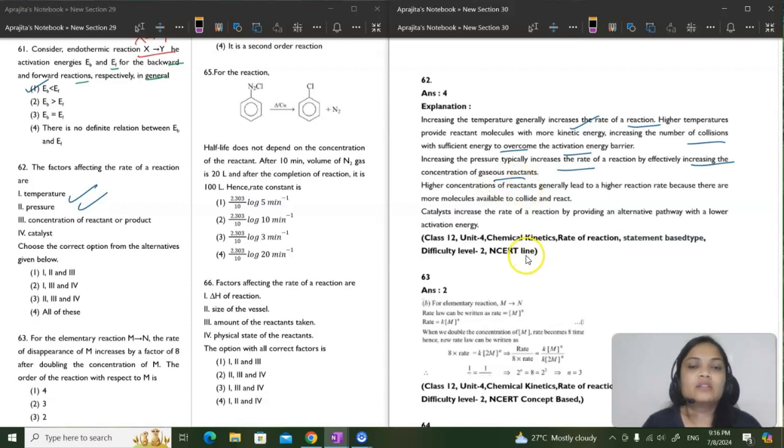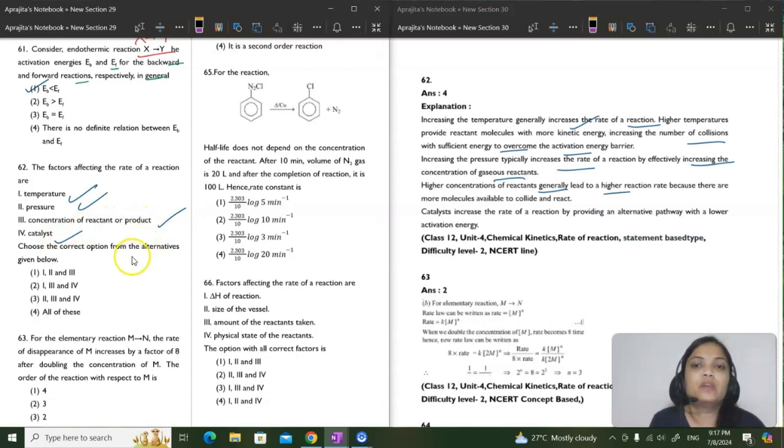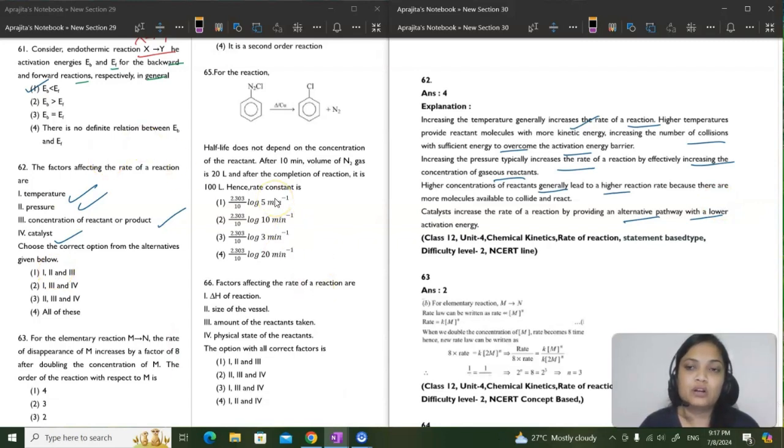Okay. Concentration of reactant and or product. So yes, high concentration of reactants leads to higher reaction rate, of course, because there will be more molecules to collide. And yes, catalysts also increase the rate of the reaction because they provide an alternate pathway for the reaction to occur by lowering the activation energy.